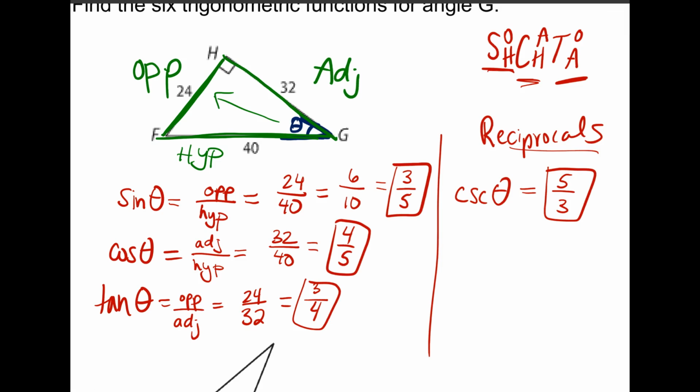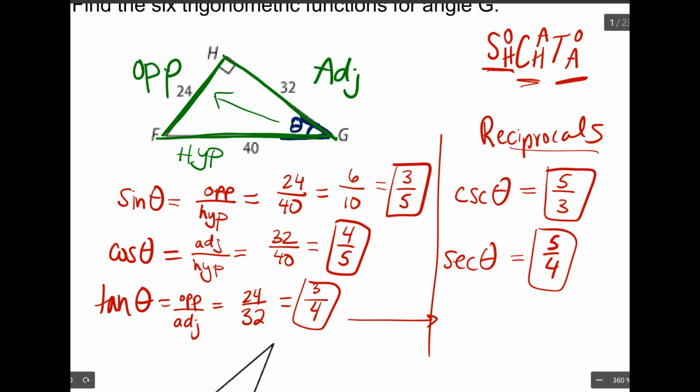So the reciprocal of cosine is, I'm sorry, secant. So I had cosine was 4/5, meaning secant is going to be, flip it, 5/4. And then tangent was 3/4, so the reciprocal, cotangent of that same angle, will be 4/3.